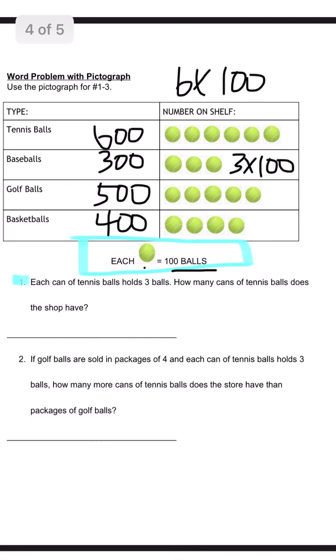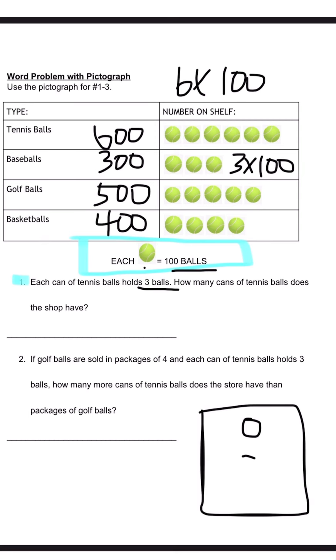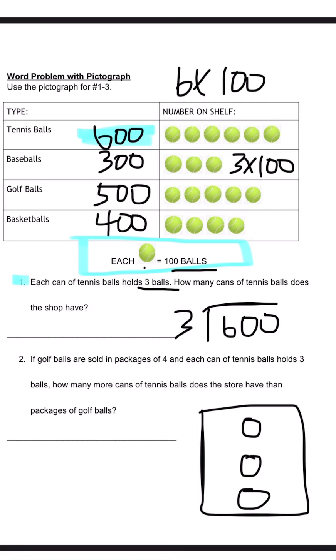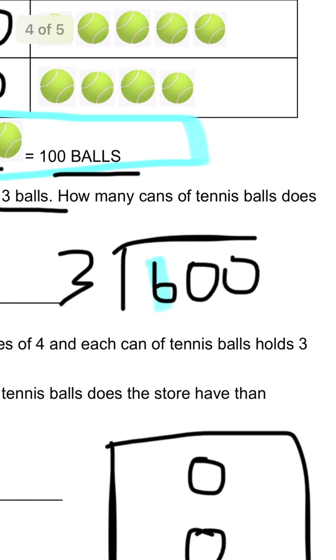So this is your key point, 3 balls per can. So let's draw it out over here. There's 1, 2, 3 balls, correct? So you see right here, we said that we have 600 tennis balls total. So you want to do 600 divided by 3. Okay, so we'll go ahead and look at the first number.